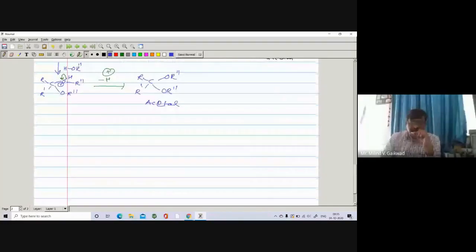So we can write like this. Suppose you start from a carbonyl compound R C double bond O, and here is H or R. It reacts with one molecule of alcohol ROH. Then there is a formation of here OH, here is H, and here is OR, hemiacetal.